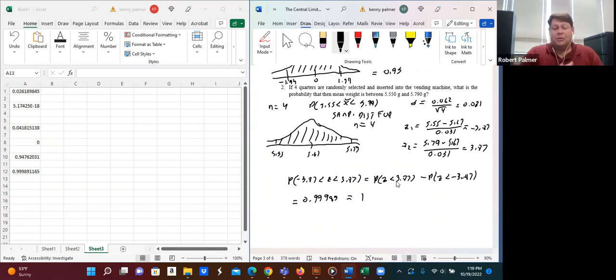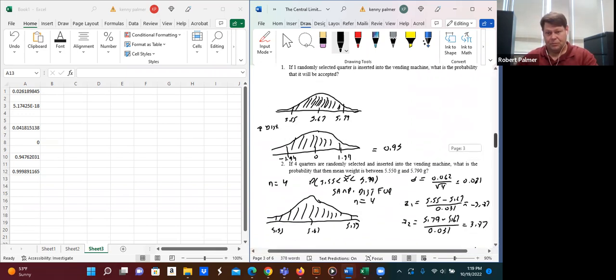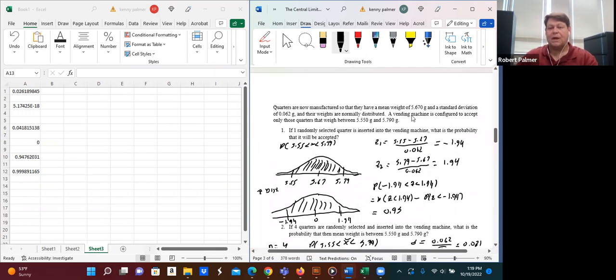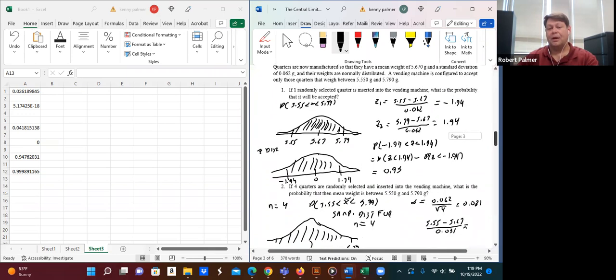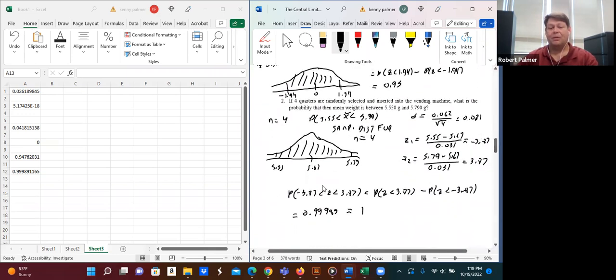Okay. So what this means, based on this information: if quarters have this mean weight and this standard deviation, and they are from a normally distributed population, then if we take a sample of 4 quarters and find the average weight of those 4 quarters, it's almost certain, almost a 100% chance, that it's going to be in between these two weights.